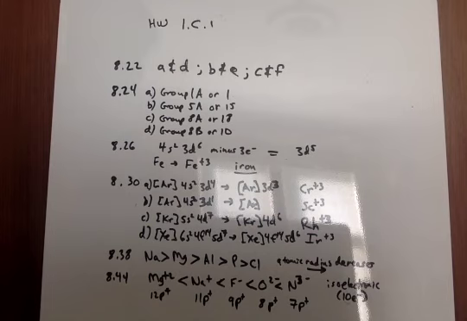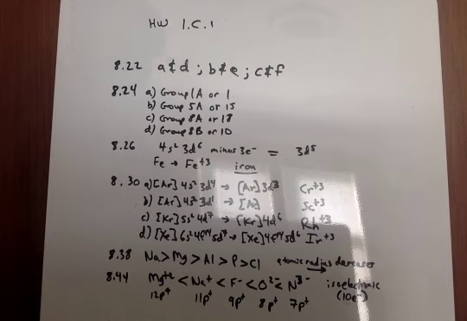That would be group 8A or group 18. And then finally Ar 4s2 3d8, which would be one of the transition metals. The eighth column of the d block is group 8B, or if you do the other numbering system, it's number 10.